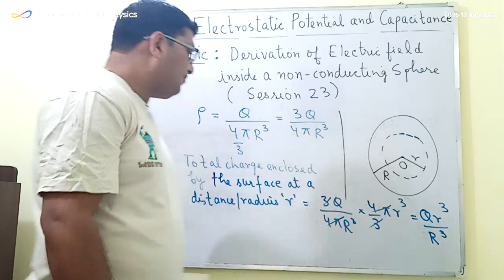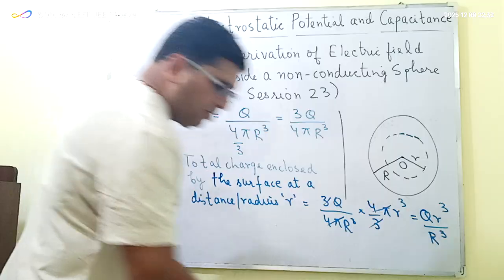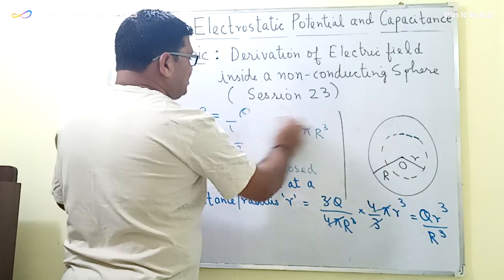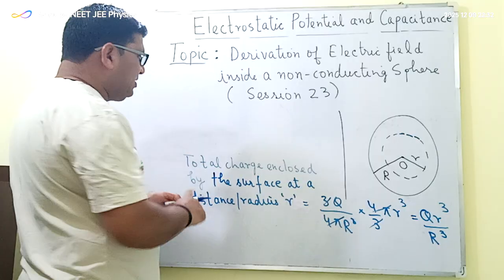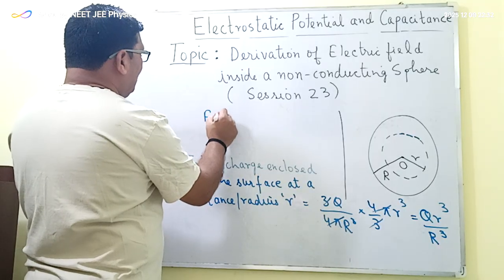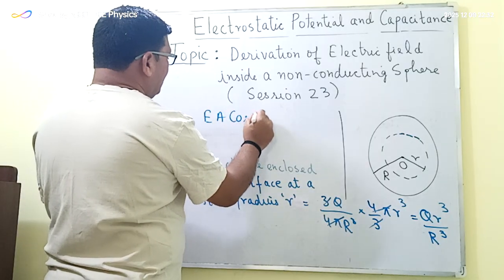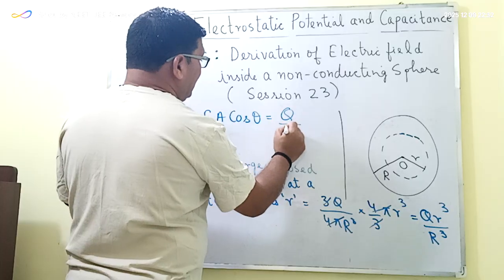Now I will be using Gauss law. The equation for Gauss law is EA cos theta equal to Q upon epsilon naught.